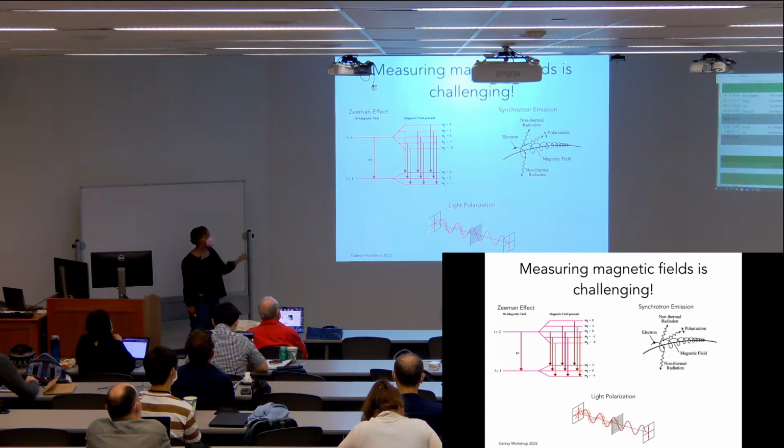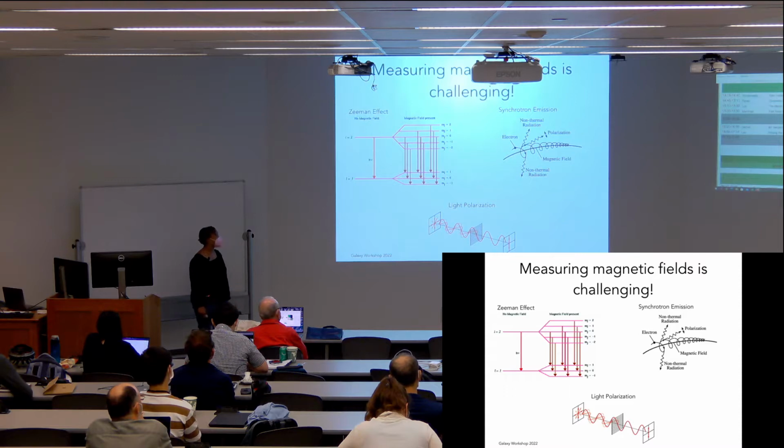We also look at synchrotron emission, so that's as the electron is accelerating along a magnetic field, and the radiation that is produced during that process, and then also the polarization of light. And that's the thing that we are focusing on here.